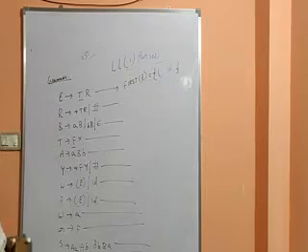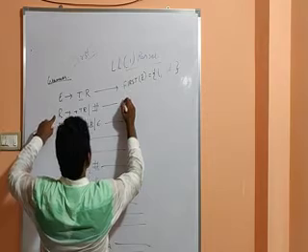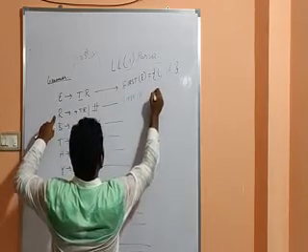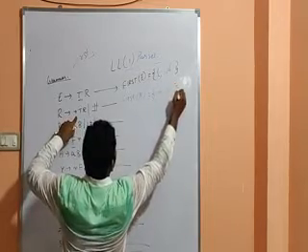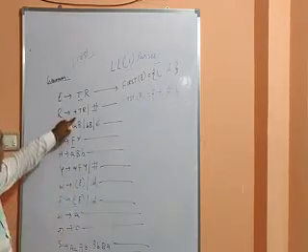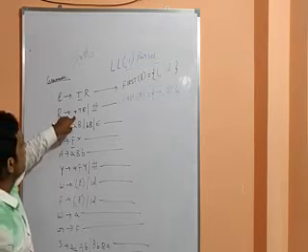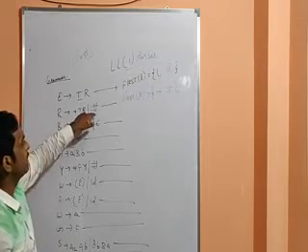So let us write the first of all the remaining grammars they have given. Next, first of R. What is the first of R? Plus and hash. In the place of R we have a plus symbol, which is a terminal for us. And what is the alternate? R is giving the hash symbol, which is also a terminal for us.